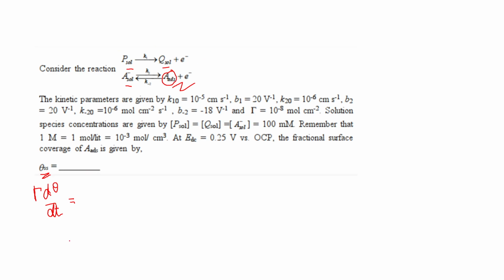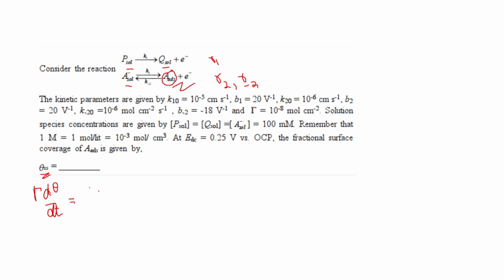So how will it be? Gamma d theta by dt equals, if this is R1, this R2 and R minus 2. Can someone tell me? The backward reaction will have R minus 2 as the rate, or you can say in terms of K1, K2, K minus 2. R1 will be K1 e raised to B1.